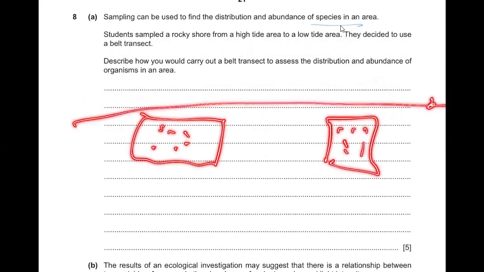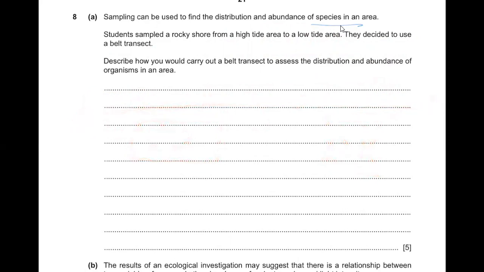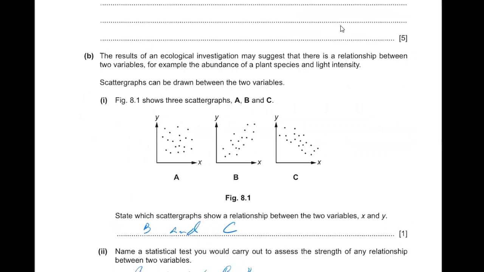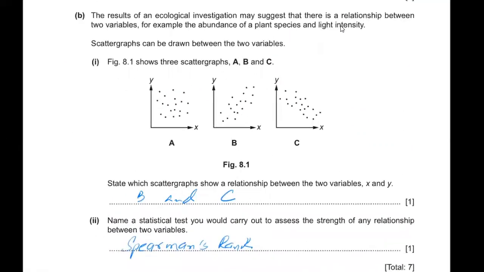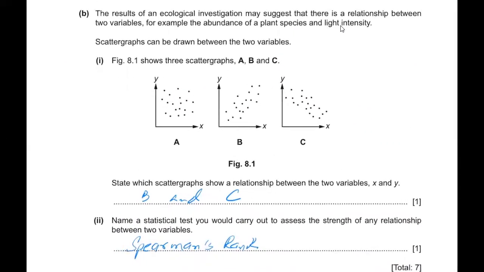These are done along the interrupted belt transect, the tape that they have tied. Once they do this, the species frequency can be calculated. Furthermore, they can use the Braun-Blanquet cover scale. They can repeat it on different days, different seasons, or different days of that season to make sure that the readings are consistent.